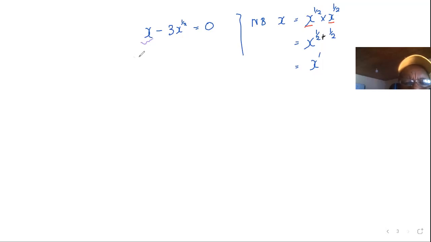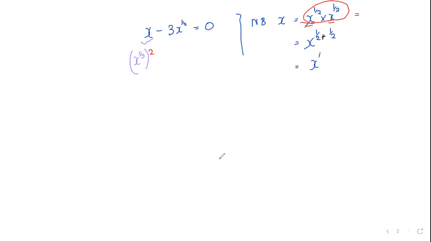This is x to the power 1/2. Allow me to write a square because this here is the same as x to the 1/2 squared. So minus 3x to the 1/2 equal to 0.